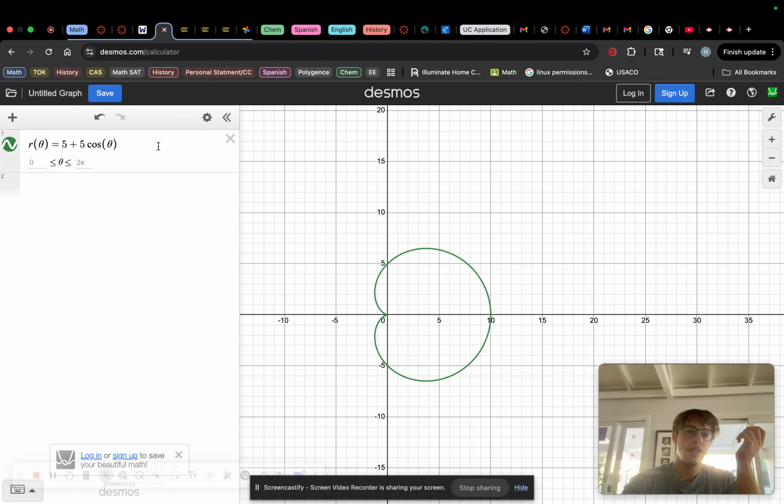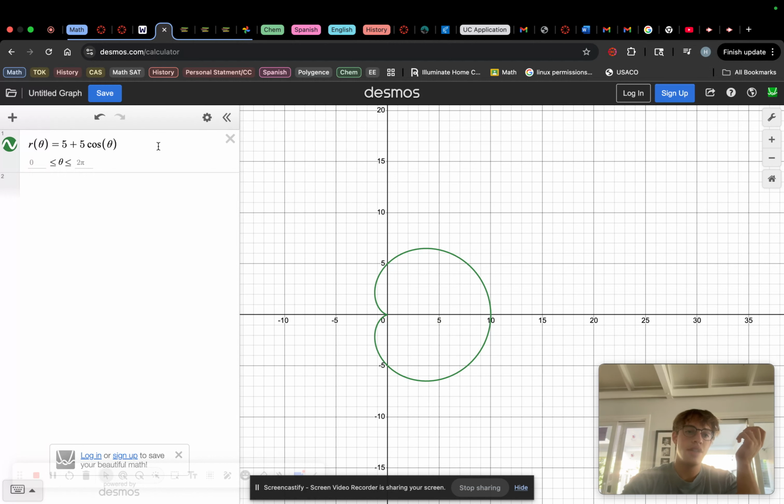So dr over d theta equals, now we can break this apart. We got the derivative of 5, that's just 0 because it's a constant. So 0 plus the derivative of 5 cosine theta.